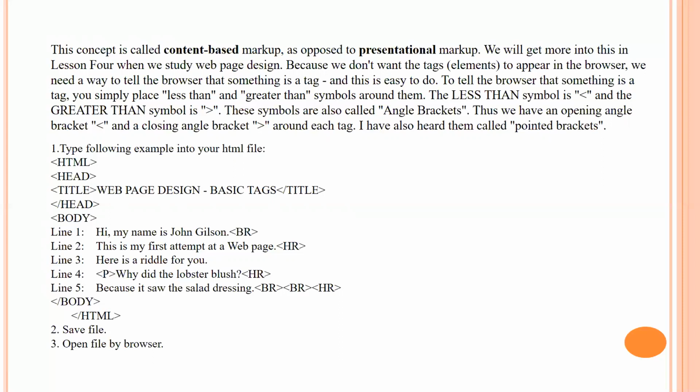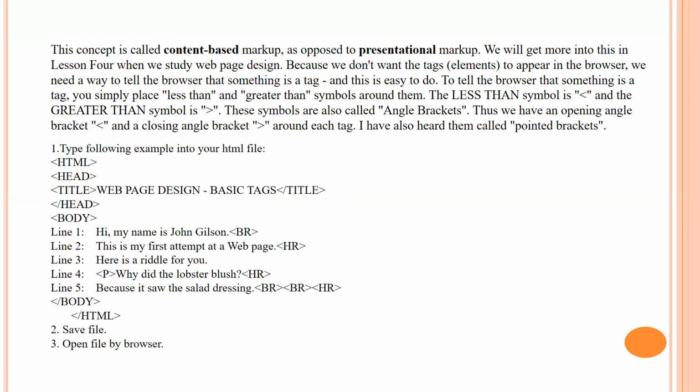Because we don't want the tags to appear in the browser, we need a way to tell the browser that something is a tag, and this is easy to do. To tell the browser that something is a tag, you simply place less-than and greater-than symbols around it. Type the following example in your HTML file.